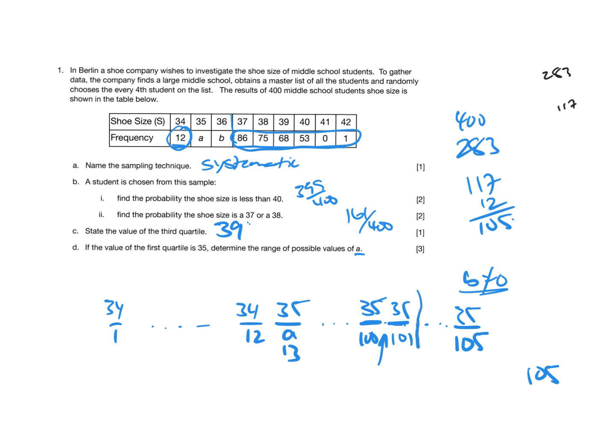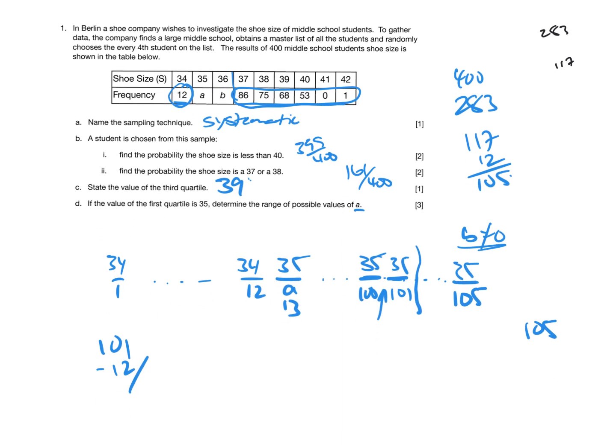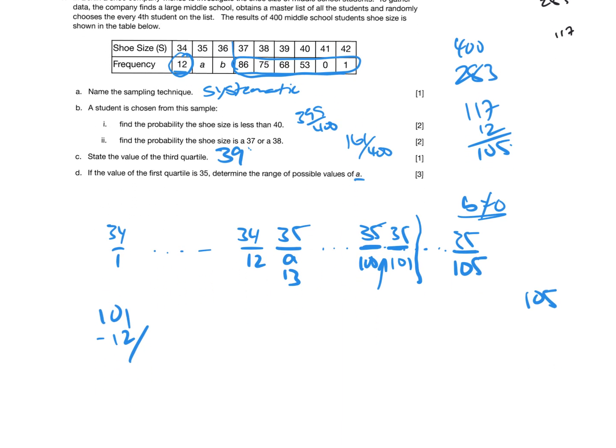I'm going up to the 101st position, but I have to subtract 12 from there as well, because I know there are 12 34s. When I subtract 12, I end up with 89. Good. And so 89 less than or equal to A less than or equal to 105 is the range of possible values of A.